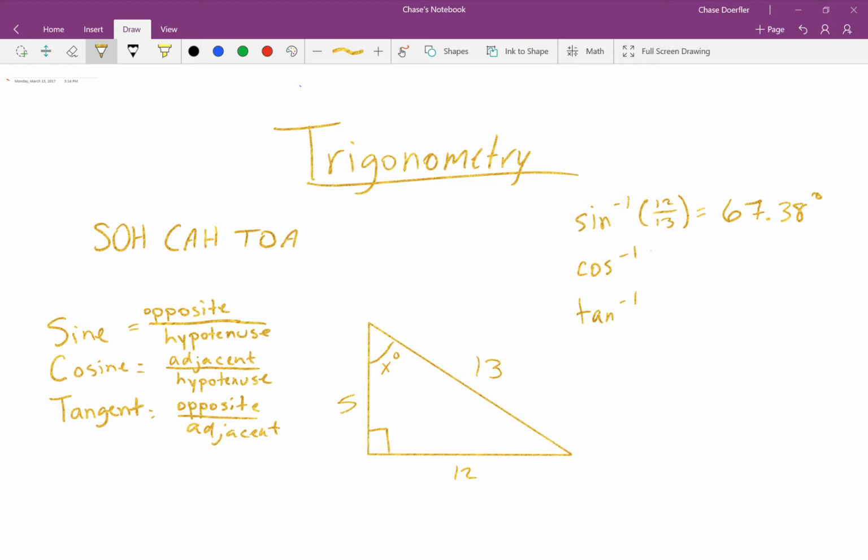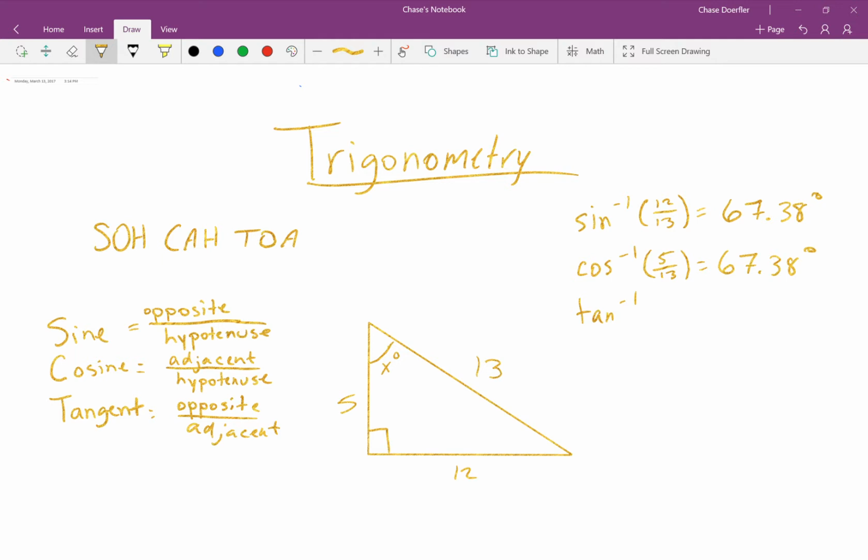So cosine -1 of 5 over 13 would equal, we're going to use the calculator again, 5 divided by 13, cosine -1, and I will get 67.38 degrees. Everything's looking pretty good so far.